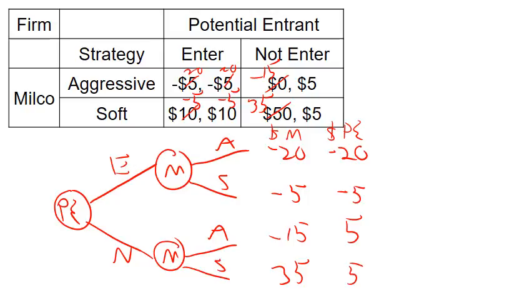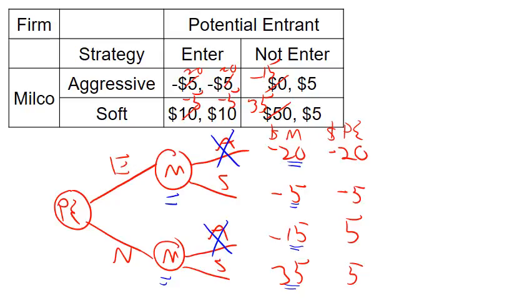Let's start eliminating branches. If Milko finds itself at the top node, it can get either minus 20 or minus 5. Minus 5 is better than minus 20, so we can eliminate the A branch at the top node. If Milko finds itself at the bottom node, it can get either minus 15 or 35. It doesn't want to get minus 15, and given that choice, we again can eliminate the aggressive branch.